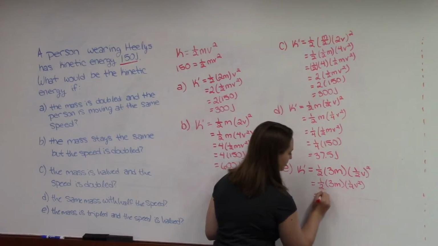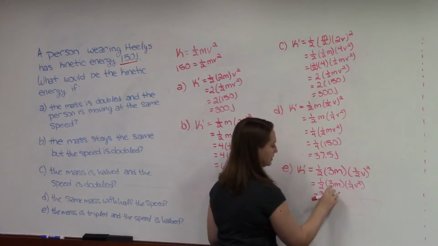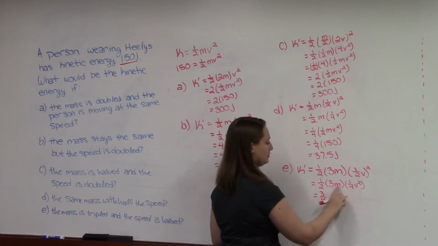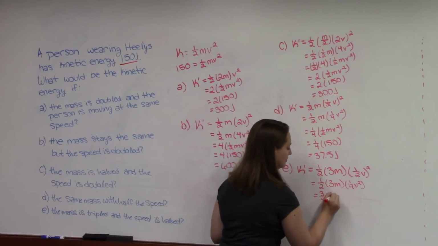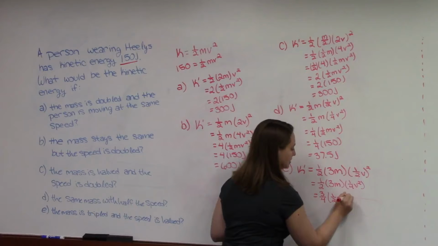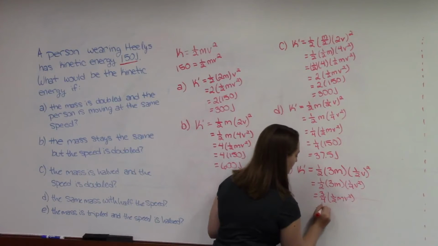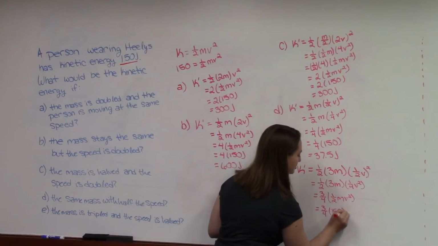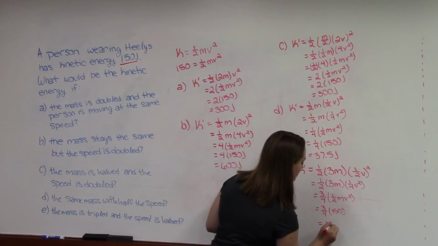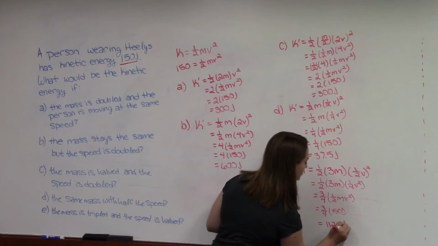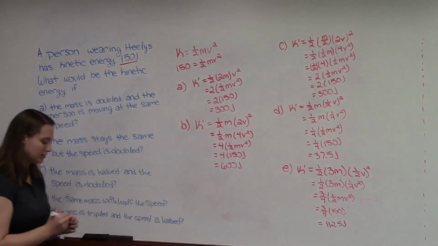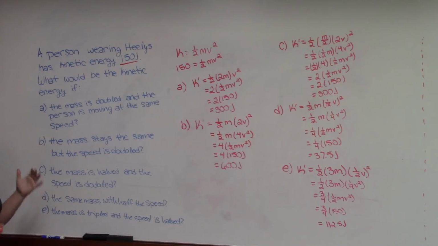So we can have a 3/4 outside if we multiply the 3 and the 1/4, and then we have a 1/2 mv squared left. 3/4 times 150, making that substitution, gives us 112.5 joules. So all we did was plug in what changed and looked for our original formula in order to plug in and find out how our kinetic energy changed.